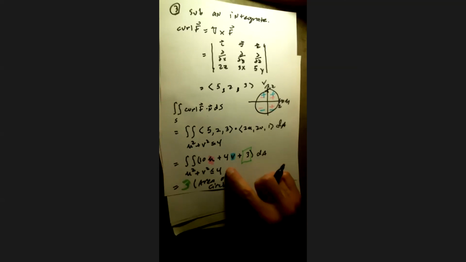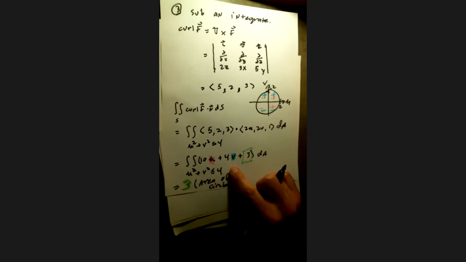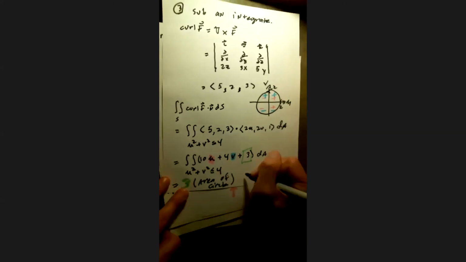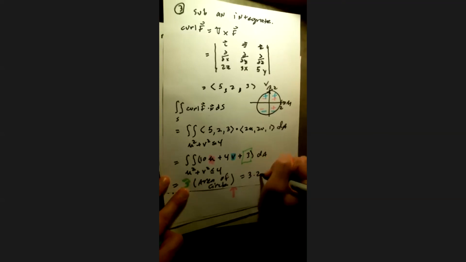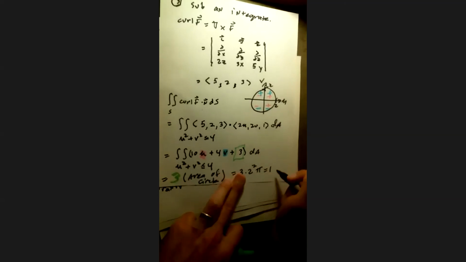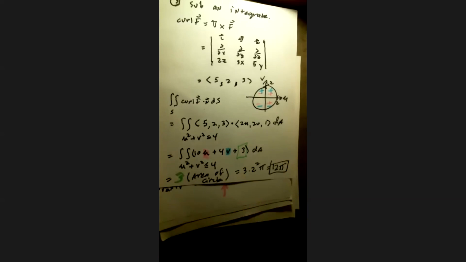And what's the radius of this circle? 2. So the area would be pi r squared, or pi times 2 squared, or 3 times 2 squared times pi, or shockingly enough, 12 pi.